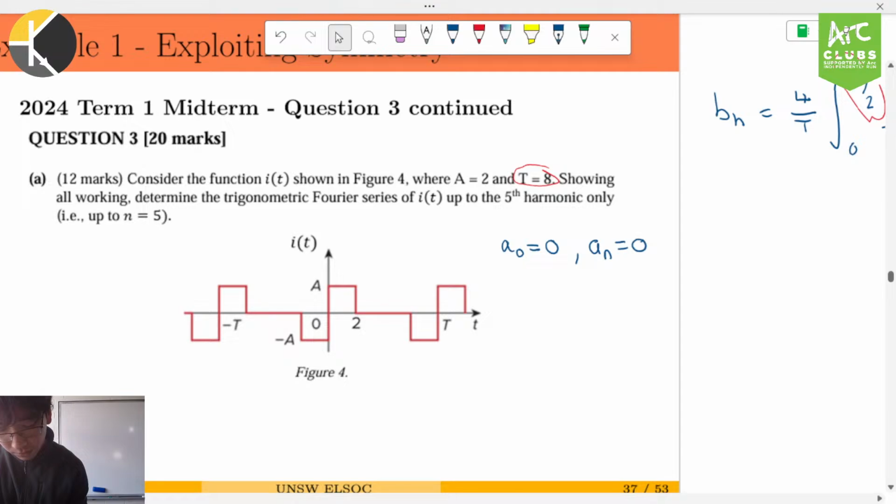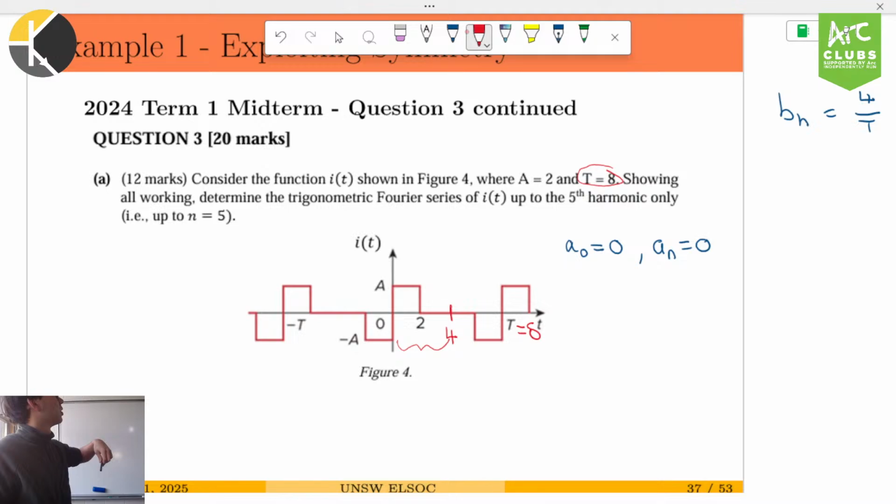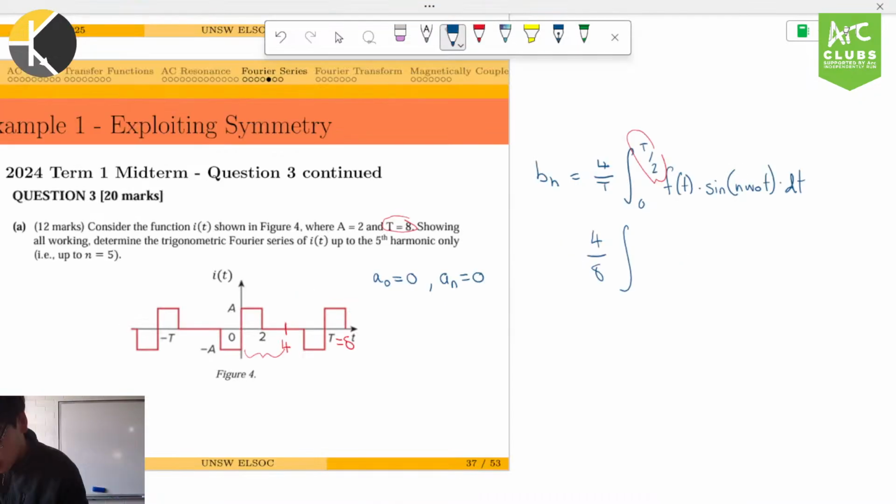Integrating between this region, we can see that between 2 and 4 it's 0, and between 0 and 2 we have an amplitude A, which in the question is stated as 2. So I'll translate that into this equation. We have 4 over the period, which is 8, integral between 4 and 0, but between 2 and 4 there's no signal, so I'm just going to go between 2 and 0.